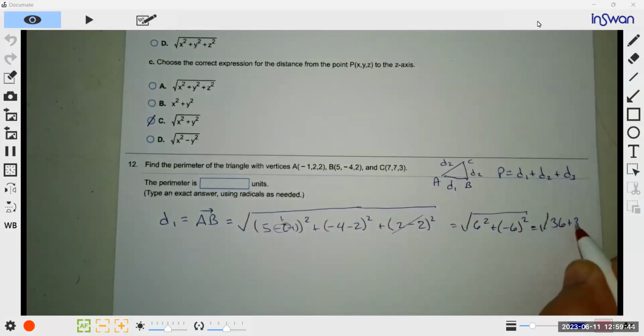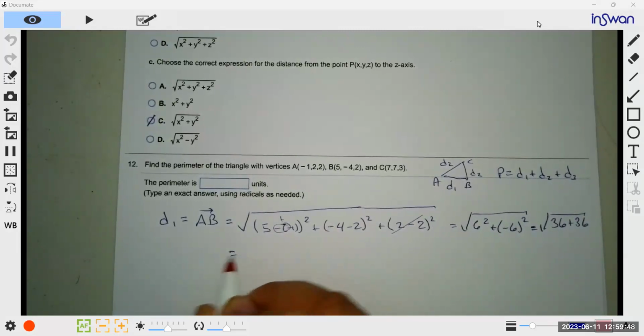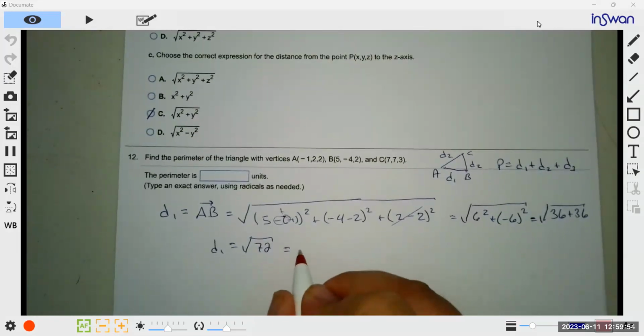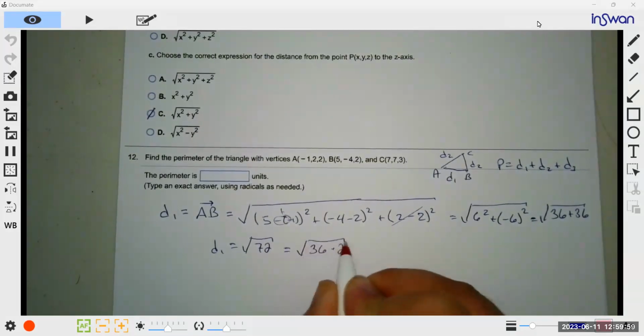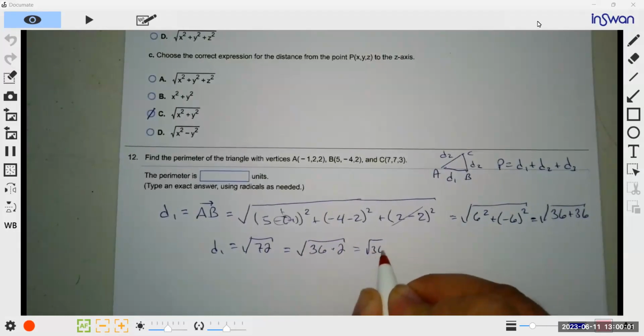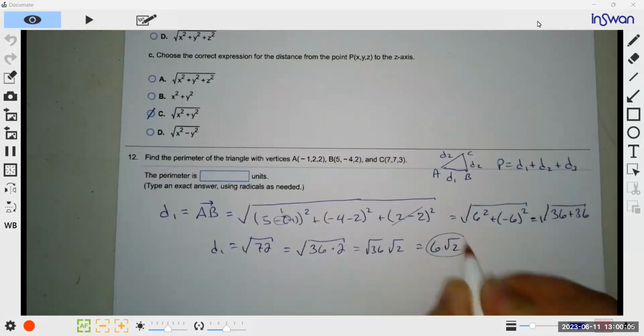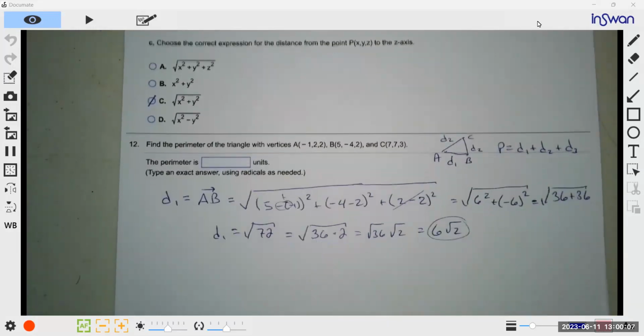So 36 plus 36 equals the square root of 72. It can be simplified because 72 is 36 times 2. Square root of 36 times square root of 2 is 6 radical 2. So that's our first distance.